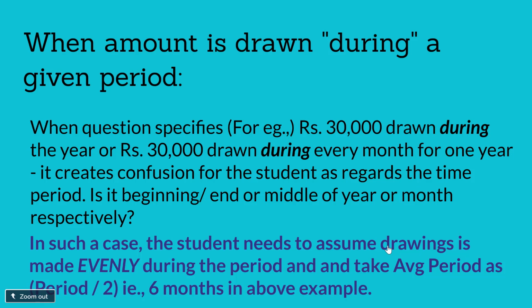For example, rupees 30,000 drawn during the year, the entire period is 12 months, divided by 2 is 6 months average period. 30,000 rupees drawn during every month for 1 year, again the period is 1 year, 12 months, divided by 2 you will get 6 months average period. The only difference is, in the first case there is only one drawing, whereas in the second case 12 such drawings are made.